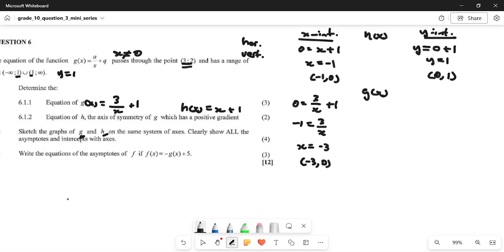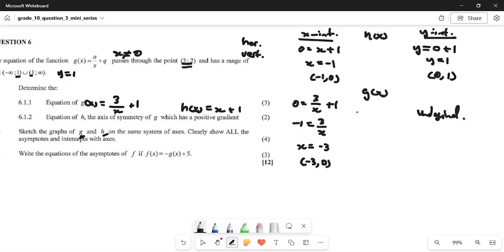Another thing we need to remember is that our vertical asymptote is the line x equals 0, and that line is directly on top of the y-axis. So hence we cannot have an intercept on our y-axis, because the y-axis is also the asymptote. So for the y-intercept, I'll just say it's undefined, even though this is not needed, but it's just good practice.